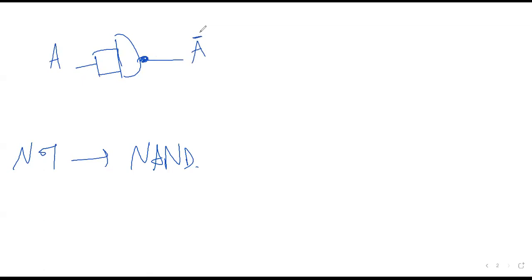I know this is where I started. Now, understanding how you can come to this point. You have A bar. Your input is A. That's where you want to reach. Let me see.